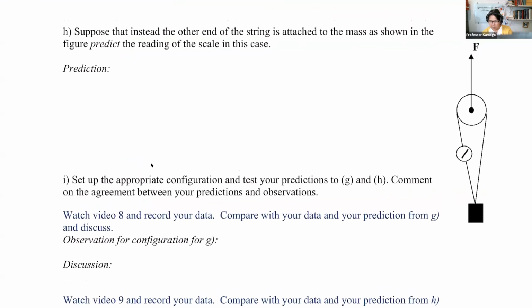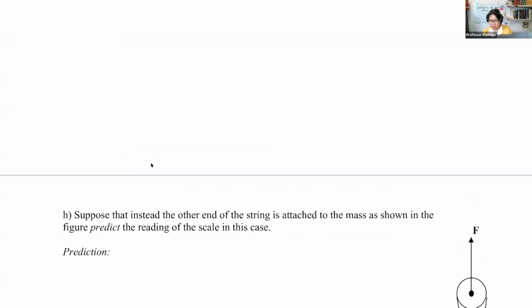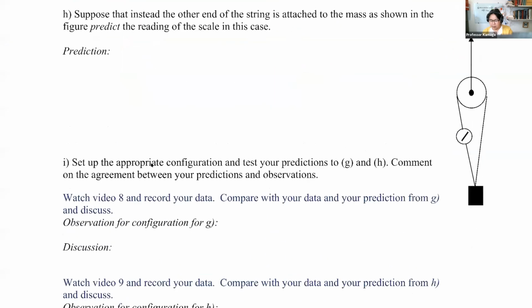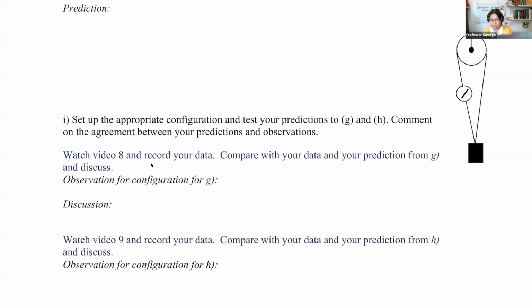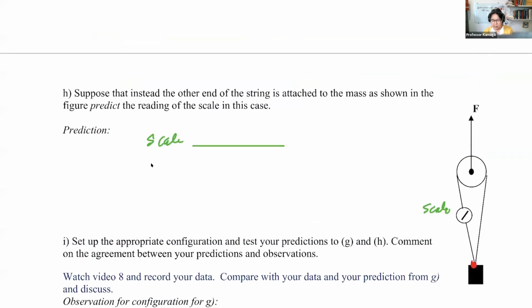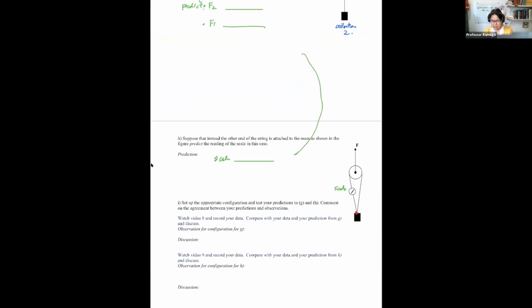Then another one is, instead of hanging like this, now you're going to connect both ends attached to one. So predict what the scales are going to read. Are they going to be changed?